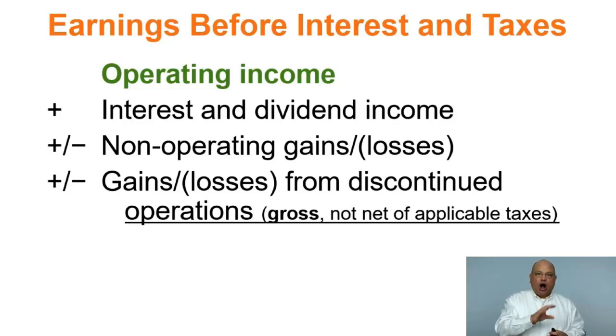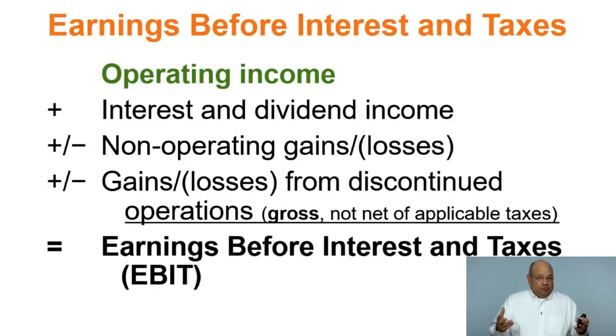On the income statement, they are net of taxes. And this gives us earnings before interest and taxes. Okay? So earnings before we pay interest and earnings before we pay taxes, which is why the gains and losses from discontinued operations doesn't have the tax effect in it.